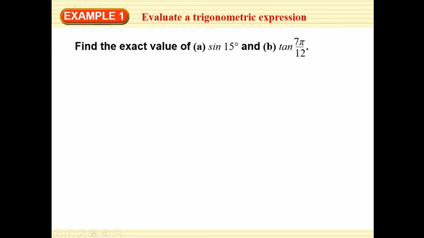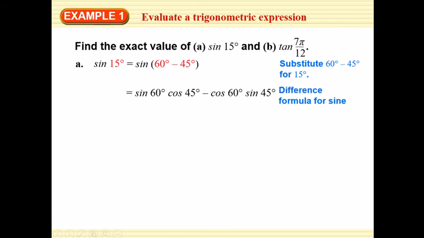So example 1, find the exact value of the sine of 15 degrees for part A. I don't know what the sine of 15 degrees is, but I know that 15 is 60 minus 45. So I go ahead and substitute that in there. So that is going to be a difference formula.